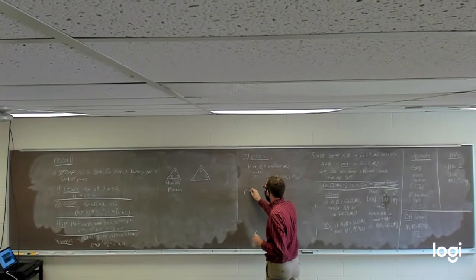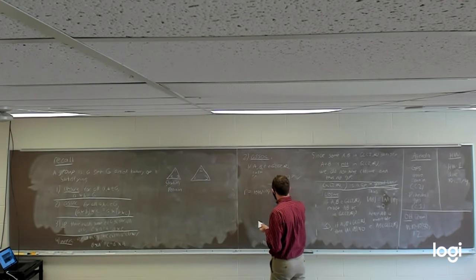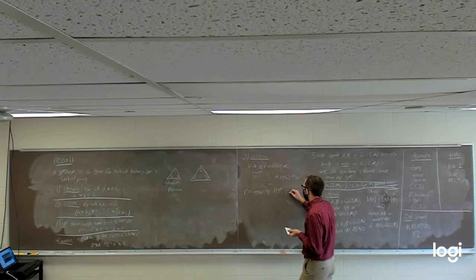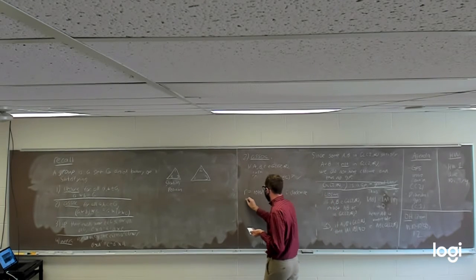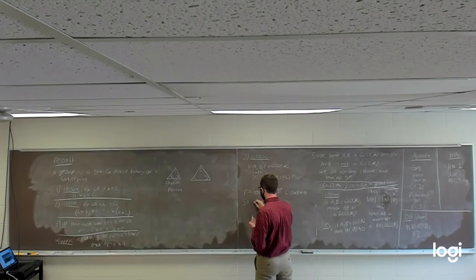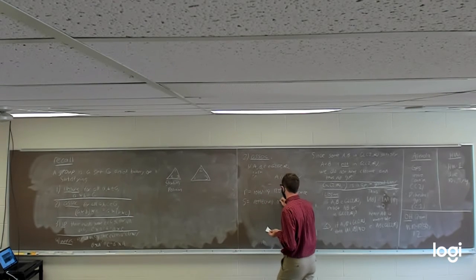We're going to let R refer to rotating 120 degrees counterclockwise. And S is going to be reflecting over a vertical line going down the middle.